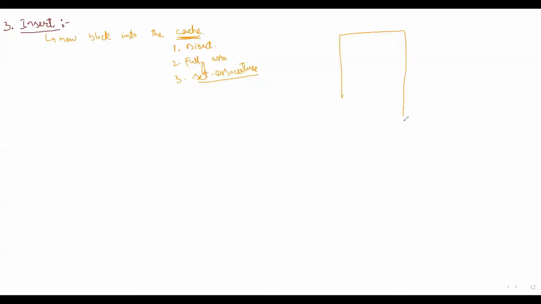So let's suppose I have a set associative cache. This is my set associative cache. Let's take an example that there are 4 sets and every set contains 4 blocks: block 1, block 2, block 3, and block 4, likewise here.